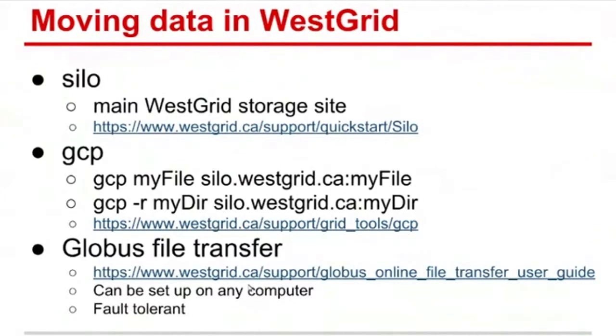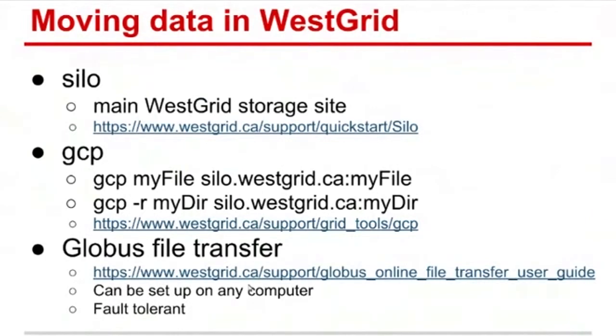There are a couple of utilities that are useful for moving data over there. One is called GCP, and that behaves somewhat like the SCP command that you saw earlier, where you specify the file name and then the destination.